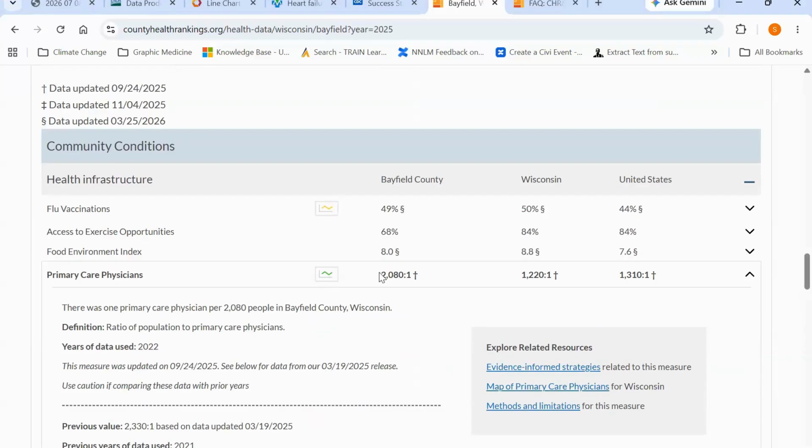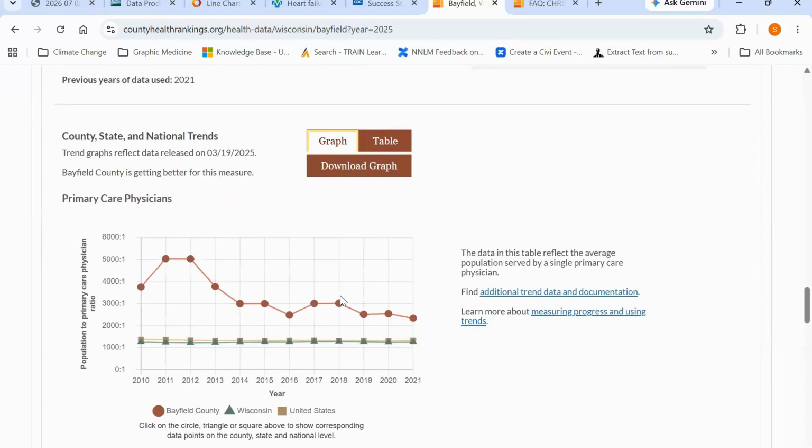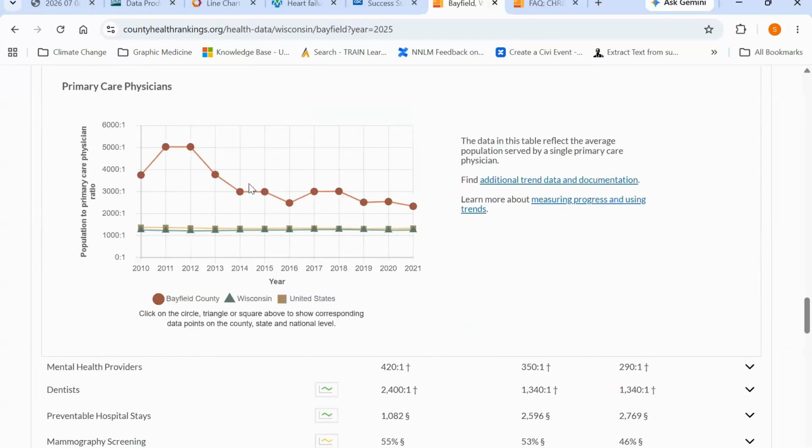It's not in comparison, because as you can see, the ratio of primary care physicians in Bayfield County is much higher than in the rest of the state or the national average. But when you look at the graph, you can see that they are trending in a much better direction in terms of the ratio of providers per patient.